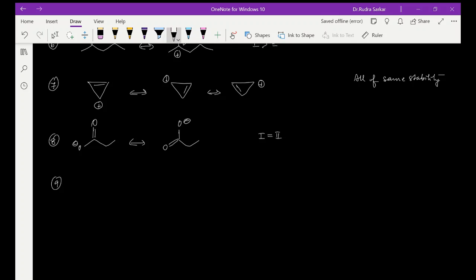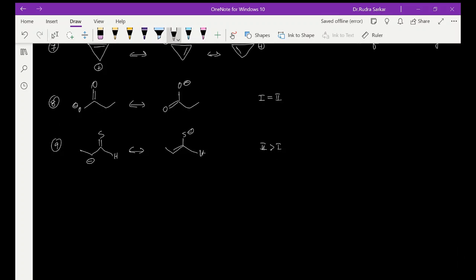In number 9, two is more stable than 1 because the negative charge lies on the most electronegative atom.